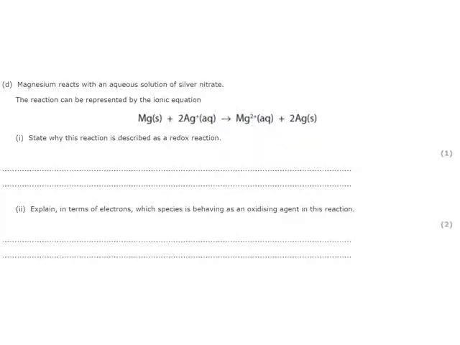Okay, so our first question is: state why this reaction is described as a redox. Now redox is when reduction and oxidation are happening at the same time. So I'm just going to put here OIL RIG, because we know that it's in terms of electrons, because there's no oxygen atoms here, so we must talk about this in terms of electrons.